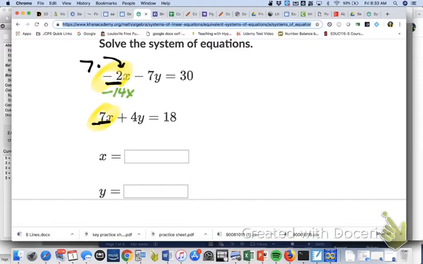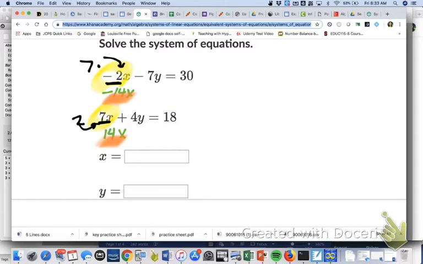And if I multiplied my bottom equation by 2, that would turn my bottom 7x into a positive 14x. Now you can see that once I did that, my positive and negative 14x's would cancel if I combined those like terms. So that is actually what I'm going to do. I'm not just going to multiply one equation by a number to get everything to cancel. I'm going to multiply both equations to get them to cancel.